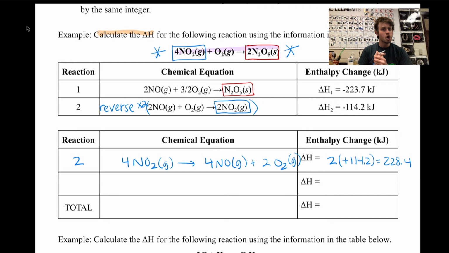I'm going to keep it as is in terms of the products and the reactants. But the coefficient needs to be 2, so I need to multiply this reaction by 2. I should have done this on the last one as well. So for reaction 1, I need to multiply all of my coefficients by 2.